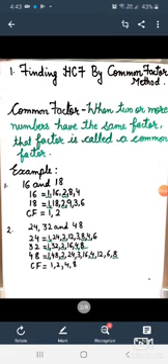So the common factors are 1, 2, 4 and 8. Now you can see these 4 digits are coming in all the 3 numbers. 1 is coming in all the 3 numbers, 2 is coming in all the numbers, 4 is coming in all the 3 numbers and 8 is also coming in all the numbers.